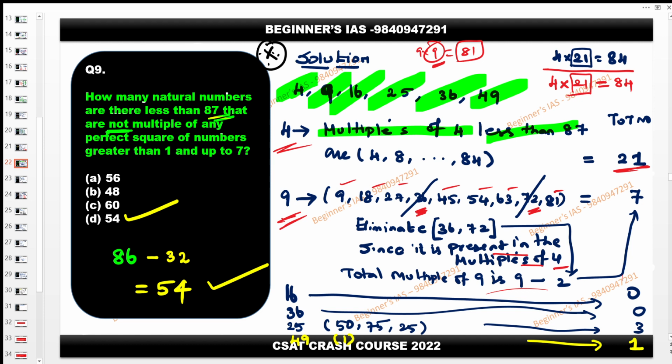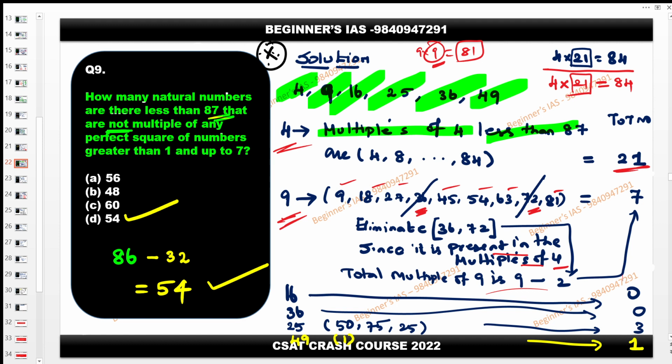Simple example, you can say any number which is not a multiple of a perfect square number and less than 87. You can say 3. 3 is a natural number which is less than 87 and not a multiple of a perfect square number. Like this you can say any other number, 5.